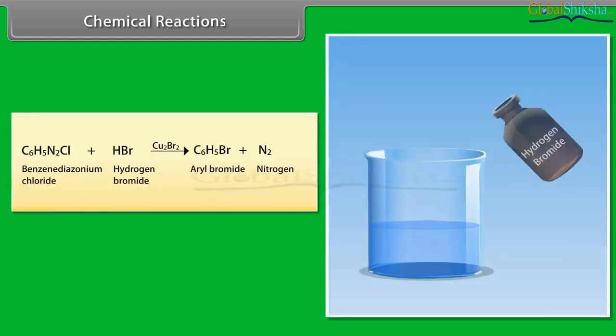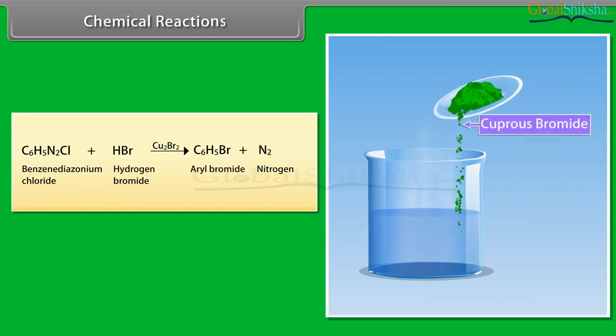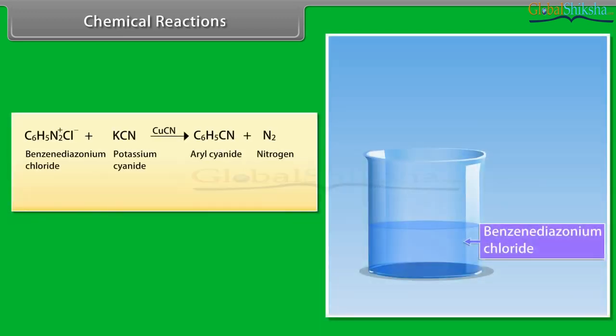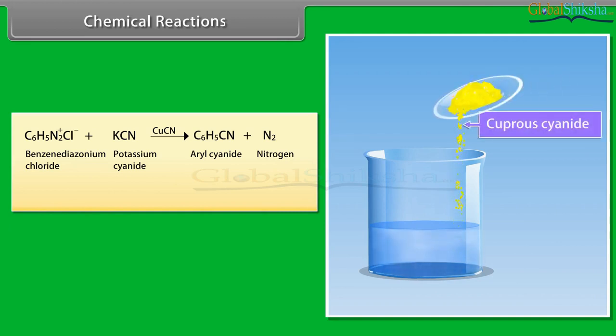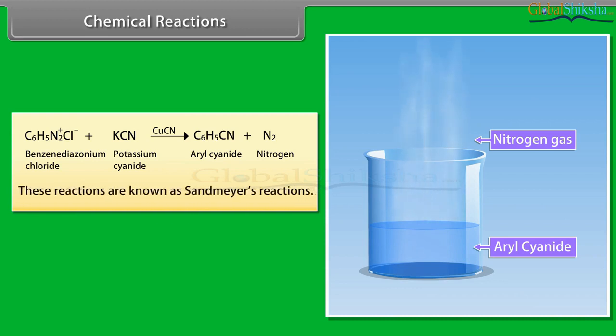Benzene diazonium chloride reacts with hydrogen bromide and cuprous bromide to yield aryl bromide and evolves nitrogen gas. Benzene diazonium chloride reacts with potassium cyanide and cuprous cyanide to yield aryl cyanide and evolves nitrogen gas. These reactions are known as Sandmeyer reactions.